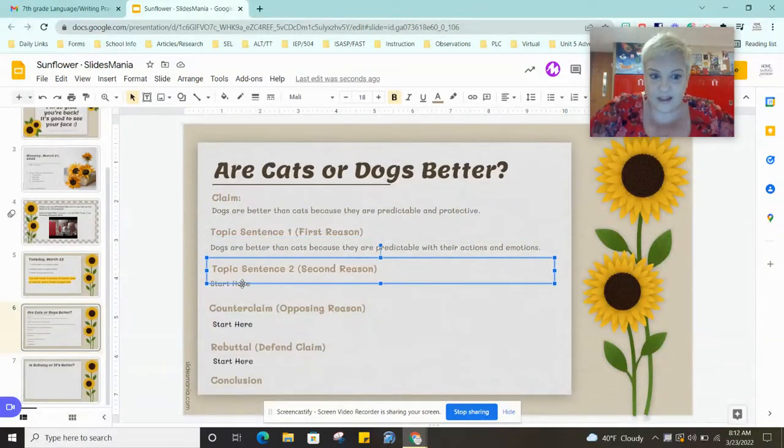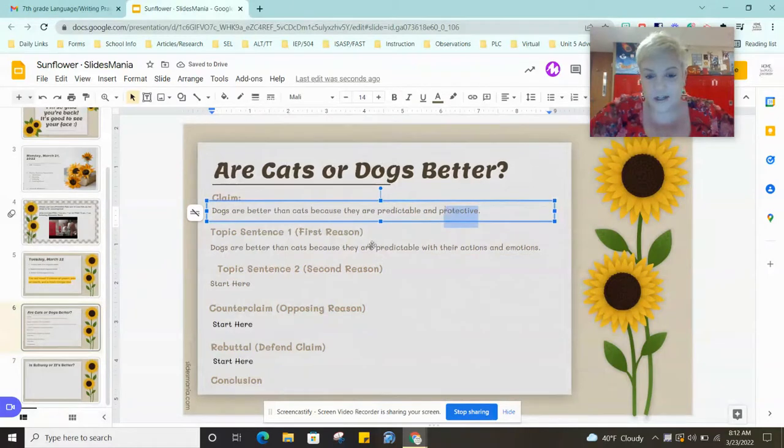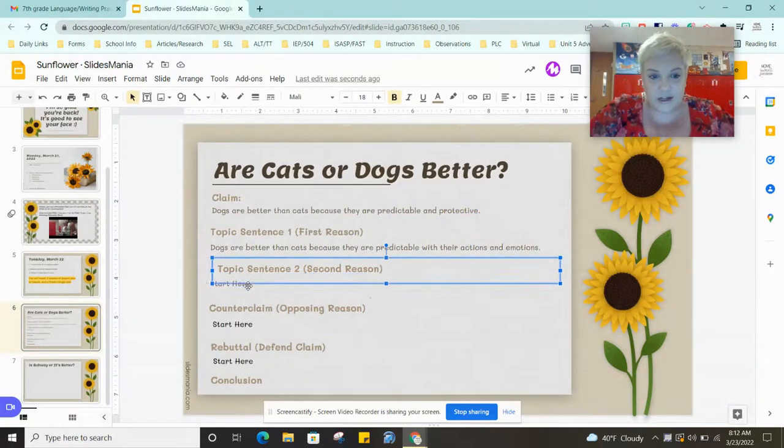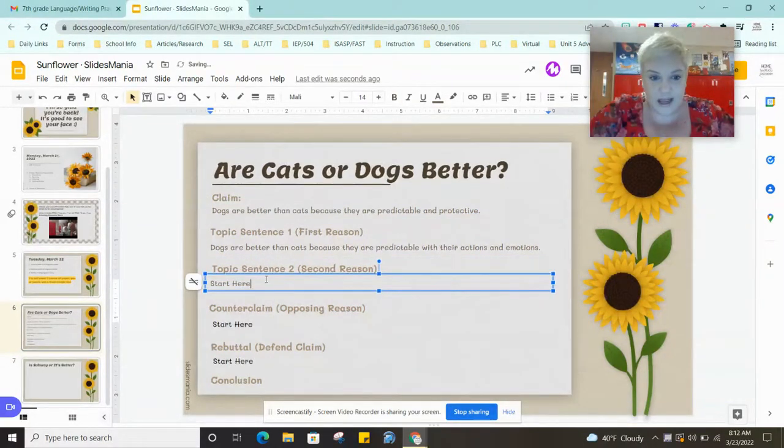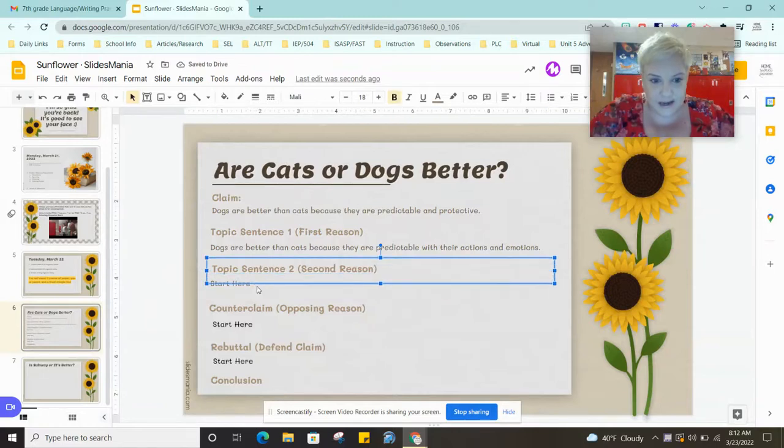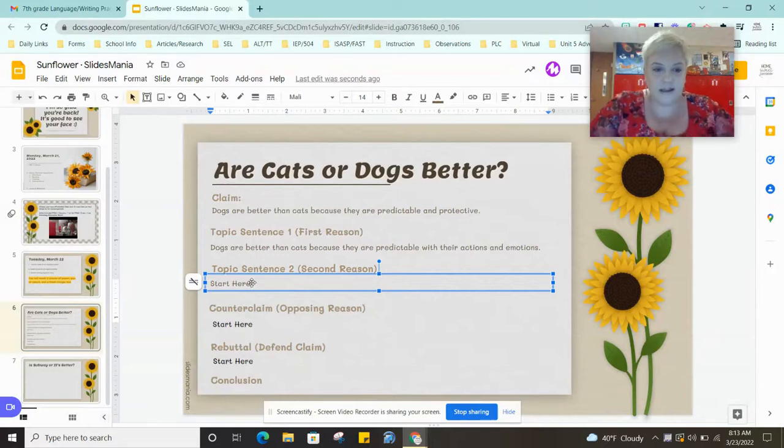Okay. Then I'm going to write my topic sentence 2, which would be body paragraph 2. So my second reason for an argument, if I look on here, is that dogs are protective. So what I'm going to do is I would actually write on my outline my second topic sentence, if I can get this to work. It's being kind of ornery with me. Okay.